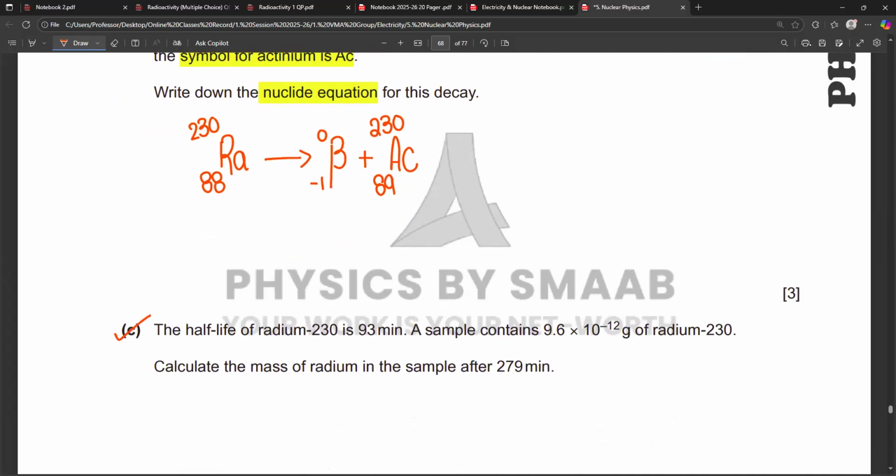And the C part, the half-life of radium-230 is 93 minutes. A sample contains this much grams of radium-230. Calculate the mass of radium in the sample after 279 minutes.